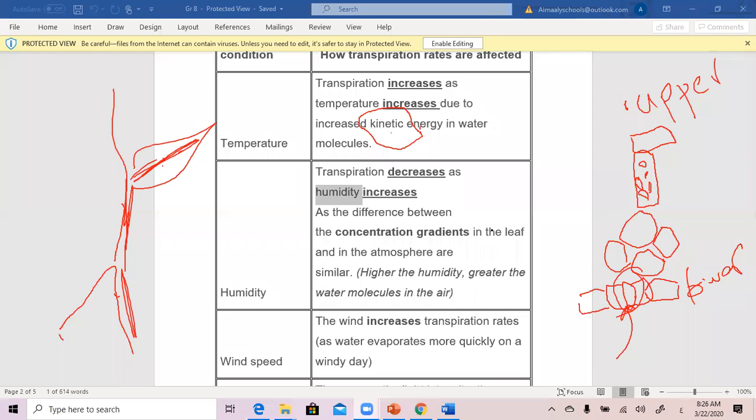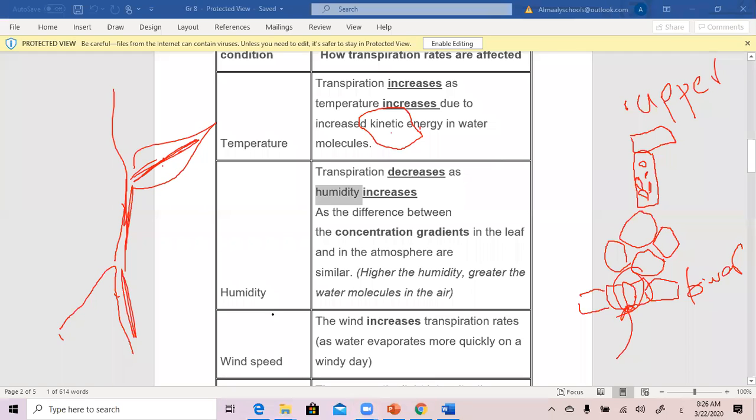I want to ask another question about the transpiration stream. We said transpiration is the movement of water.